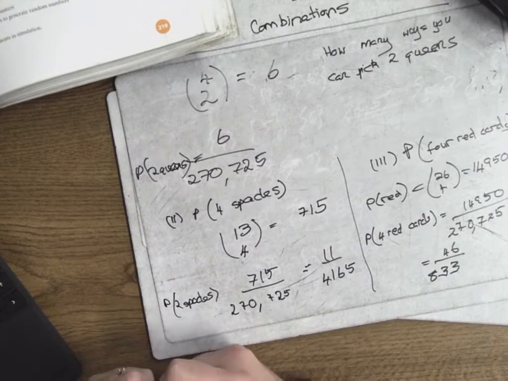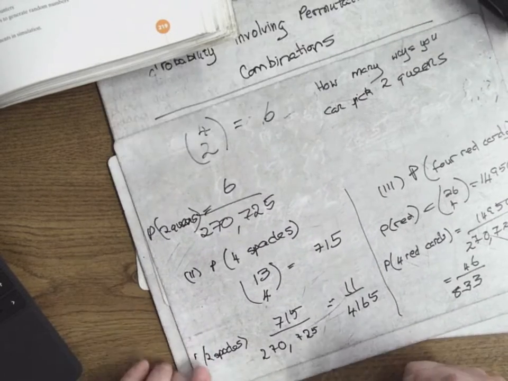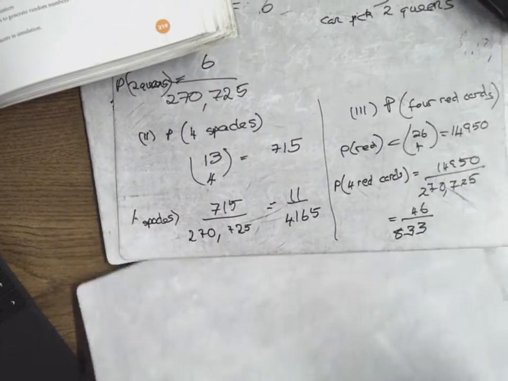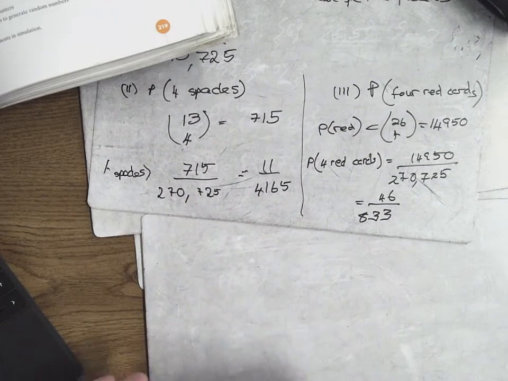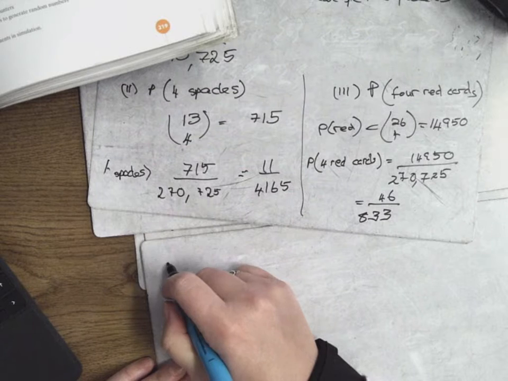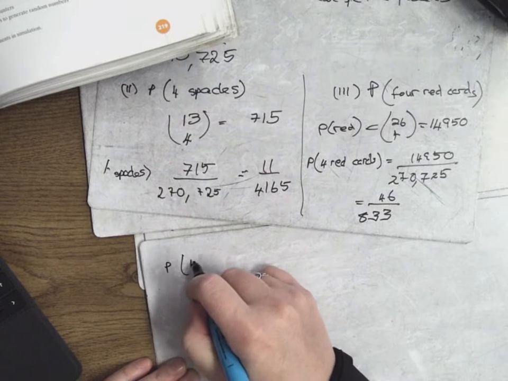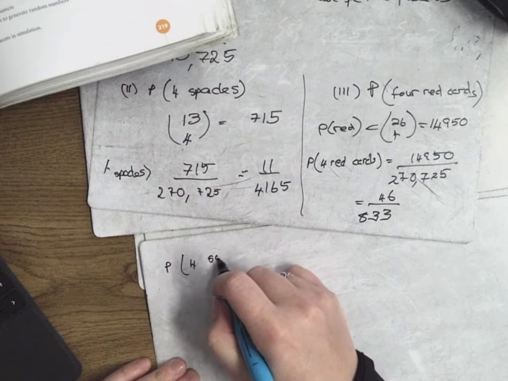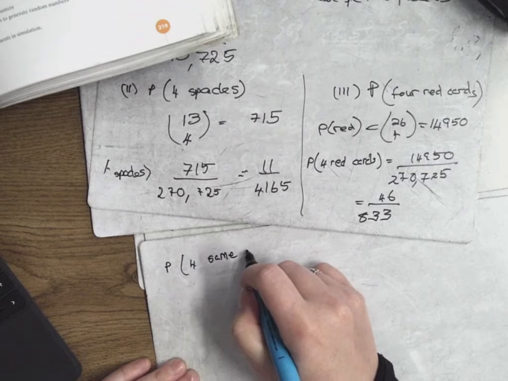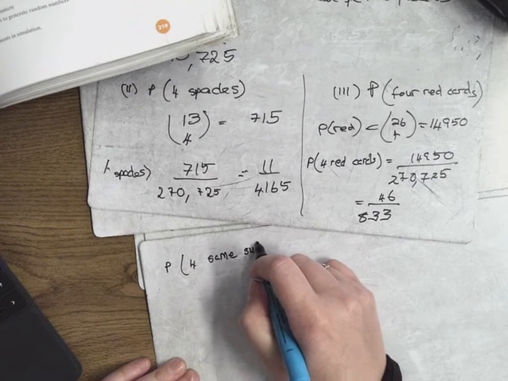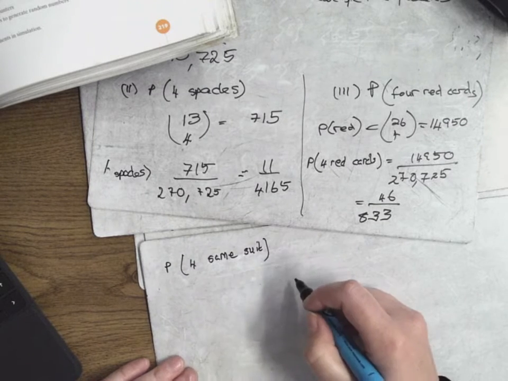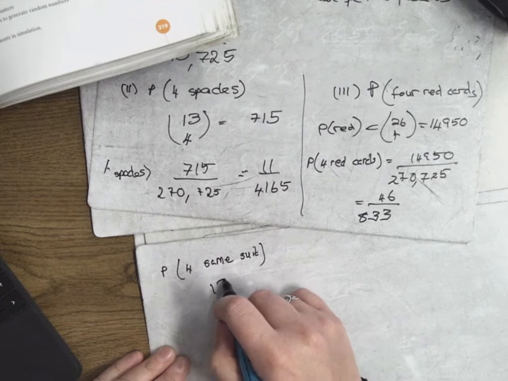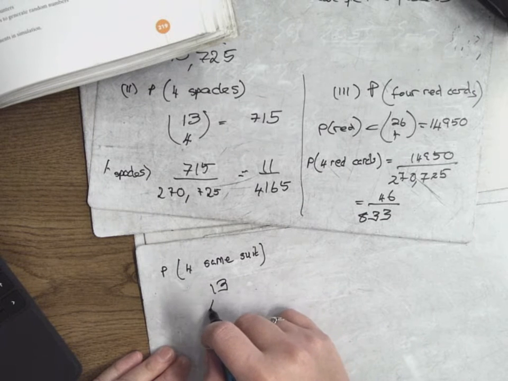And then there's one last part. What's the probability that you pick 4 cards of the same suit? So that just means you want to pick, out of any 13 cards, because that's how many is in the suit, you want to pick 4.